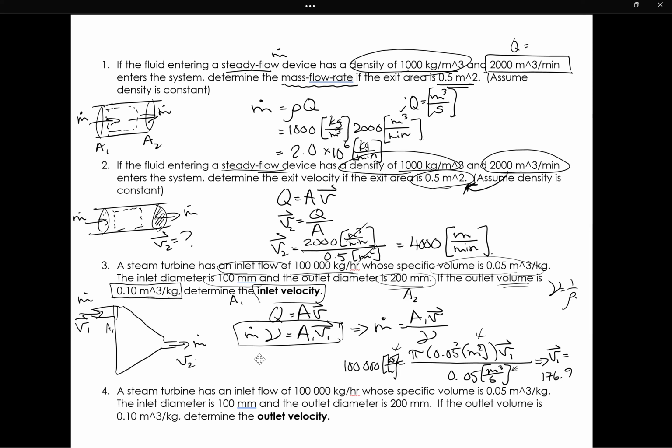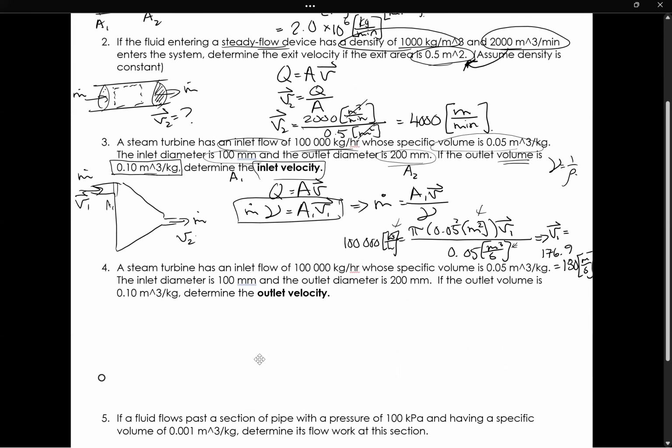But I'm going to go for two significant digits, 180 meters per second is the answer to this problem. I didn't overthink it. I didn't use the first law of energy balance. I just used my knowledge of fluids and thermodynamics collectively to solve that problem.